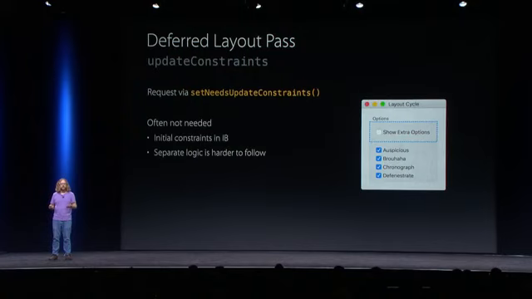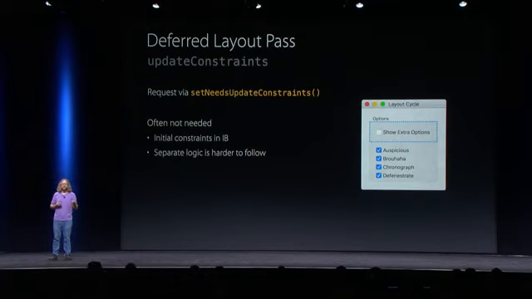But it's often not actually needed. All of your initial constraint setup should ideally happen inside Interface Builder. Or if you really find that you need to allocate your constraints programmatically, someplace like viewDidLoad is much better. updateConstraints is really just for work that needs to be repeated periodically. And also, it's pretty straightforward to just change constraints when you find the need to do that.